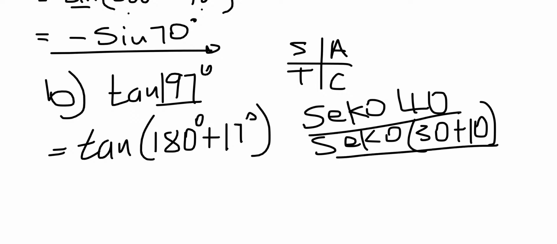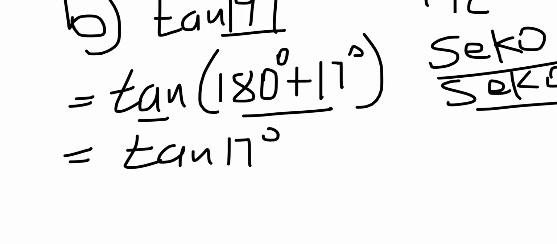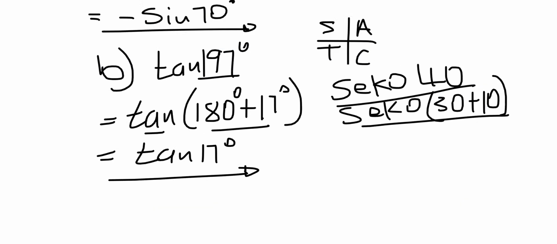I just manipulated it such that I'm using a reduction formula of 180 plus, 180 minus, 360 minus, so that I will reduce it. Remember, we have done the reduction formulae. So in this quadrant number 3, is tan positive or negative? It is positive. Therefore this is the same as tan 17 degrees, and that is the end of it.